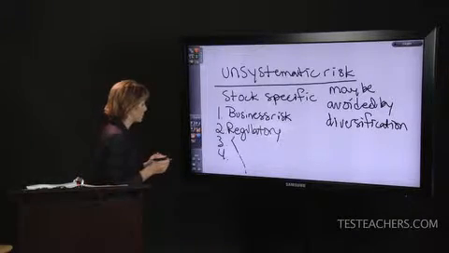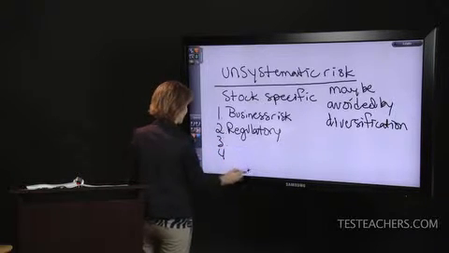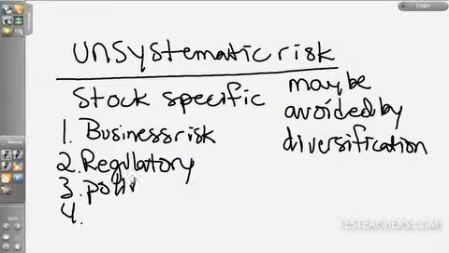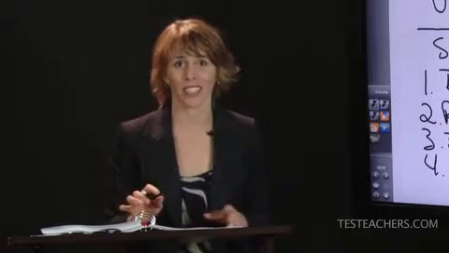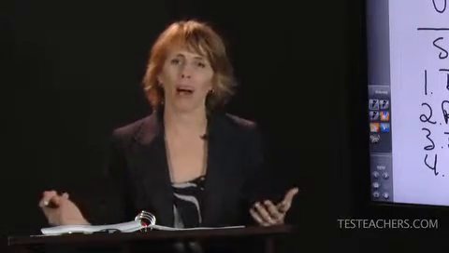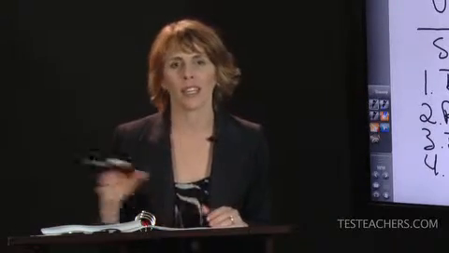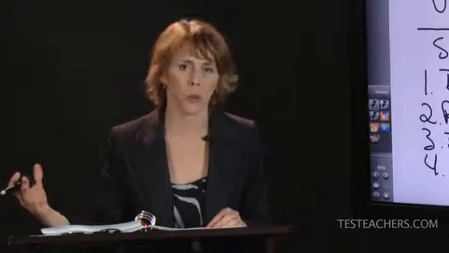Political risk. I know what you're thinking, and I'm not even going to say it. It's not about the politics here in the United States. It's having your investment in another country that has political turmoil.